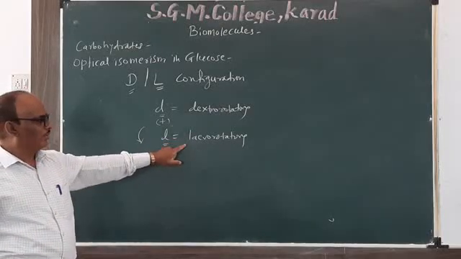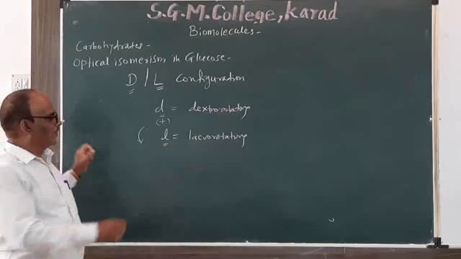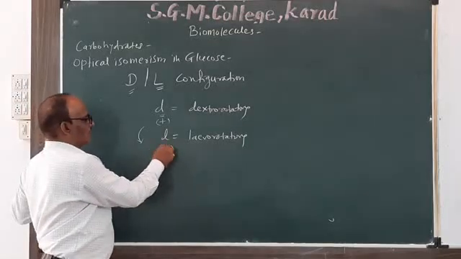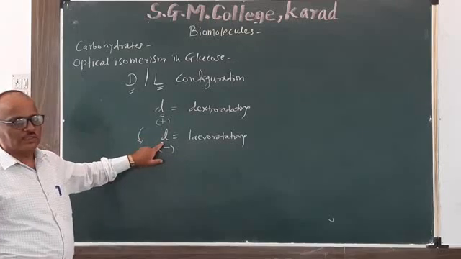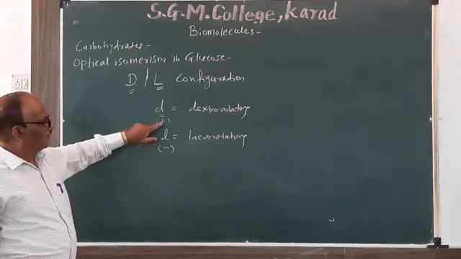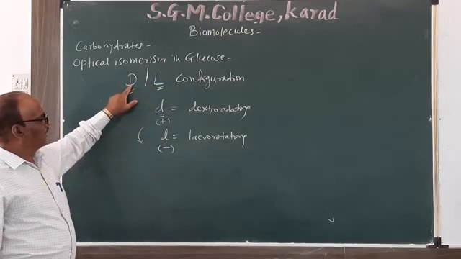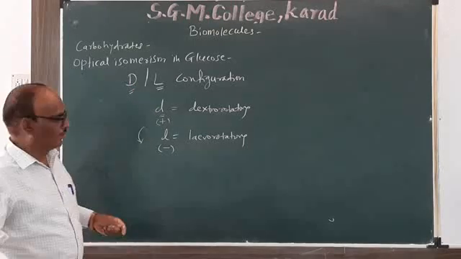Then the compound is called levorotatory and is denoted as small l or minus sign. But capital L and small l are different letters. Capital D and small d are also different.